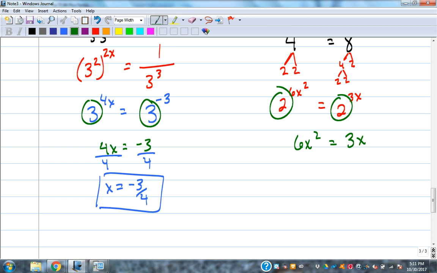If x is 0, I can't divide by it. Remember, that's undefined. So we don't know what x is, so we can't divide by an x. So when we're doing quadratics, what did we get it equal to? 0. So subtract 3x.